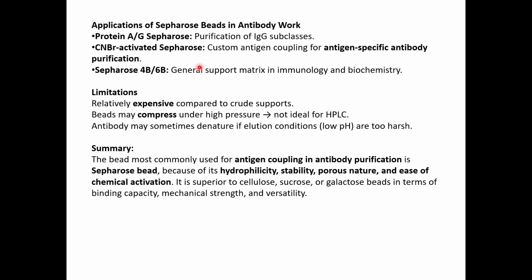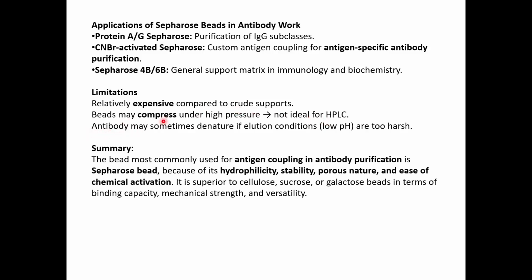Purification of IgG subclasses and antigen-antibody specific support matrix in immunology and biochemistry is commonly Sepharose 4B and 6B. A few limitations: it is expensive compared to other crude supports, but specific. Beads may compress under high pressure, and it is not ideal if you want to go further to HPLC.